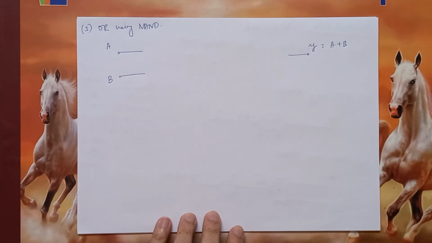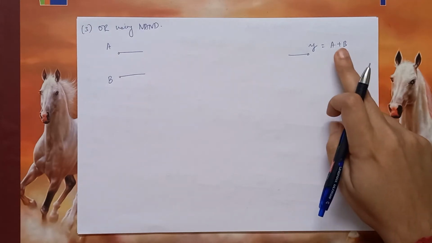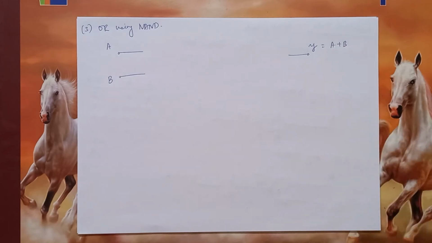And whenever we are using NAND, we have a dot. So therefore, is there any way with which we can try and convert this plus into a dot? Can we convert this plus into a dot?